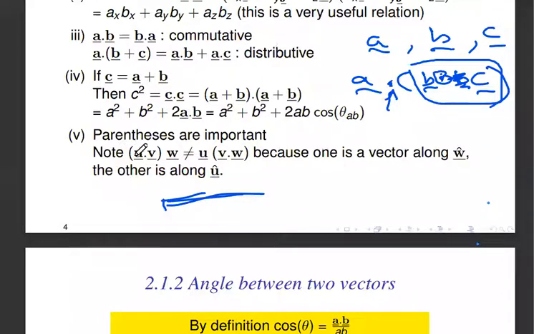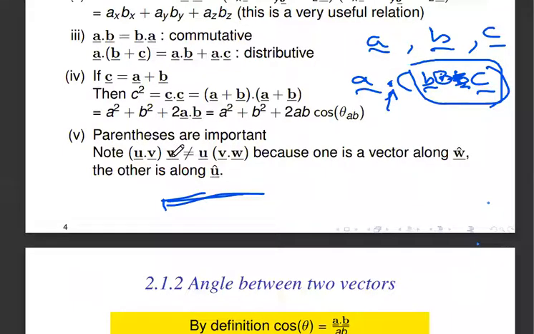Yeah, magnitude of U and magnitude of V cos theta, which is normal multiplication, times W. Yeah, that is right.